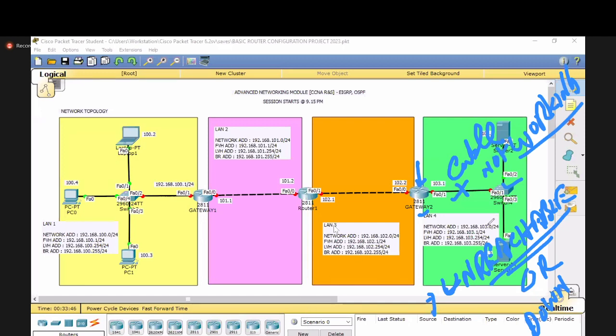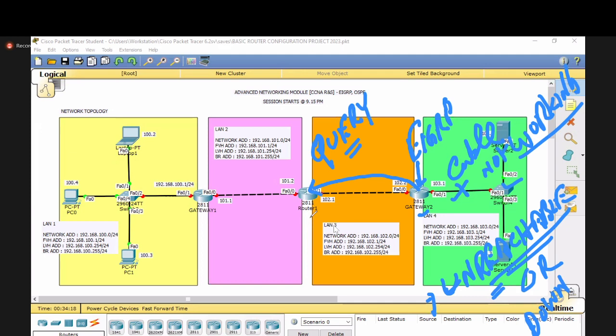So in this situation, when a network becomes unreachable and you are running EIGRP on your router, what EIGRP does is that gateway 2 sends a query packet to router 1, because router 1 is the neighbor of gateway 2. Now this query is about the unreachable network LAN 4.